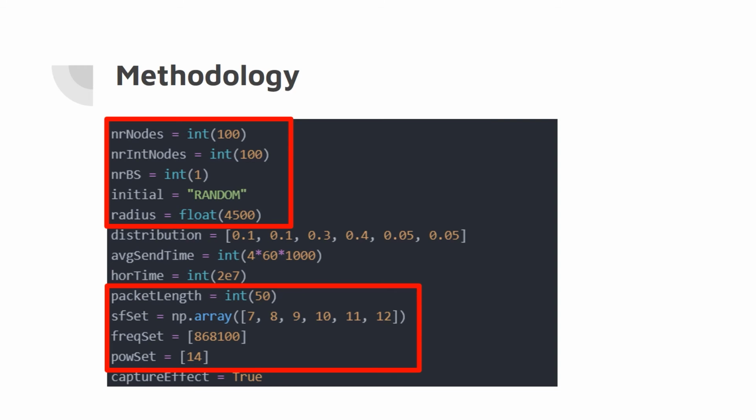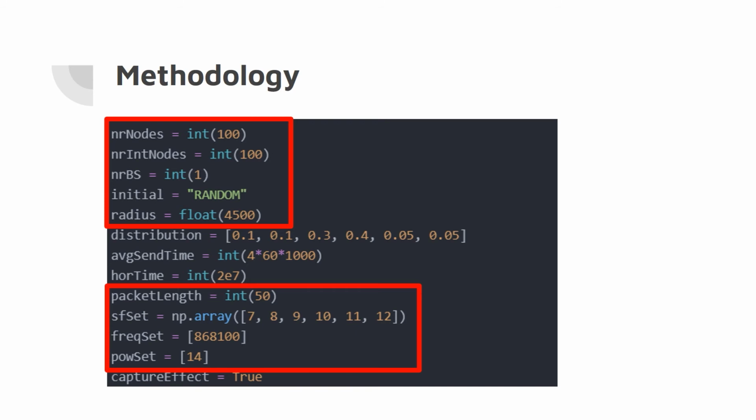Next, I will set initial equal to random, which means all the nodes will be distributed in a random manner. Next will be the radius. The overall nodes will be distributed across a 4.5 km radius.